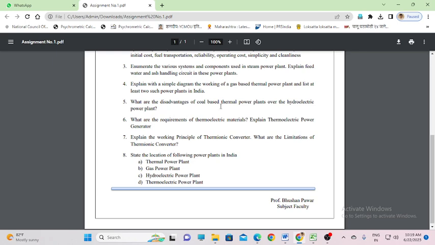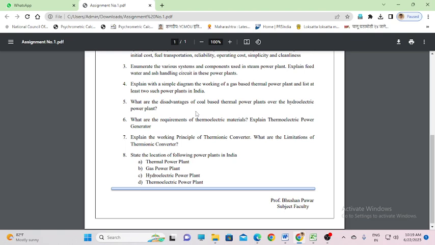Question number 5. What are the disadvantages of coal-based thermal power plants over the hydroelectric power plant? In question number 5, think of it as comparing the thermal power plant with the hydroelectric power plant, but the parameter is on the basis of disadvantages. The first parameter may be pollution. In a thermal power plant we burn coal, which is a combustion process that emits a lot of fumes and other gases contributing to air pollution.